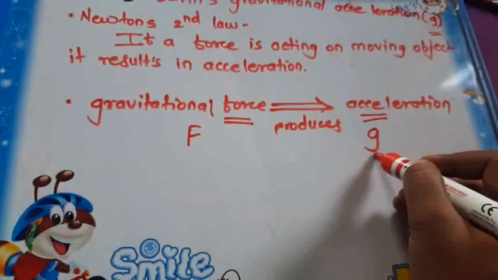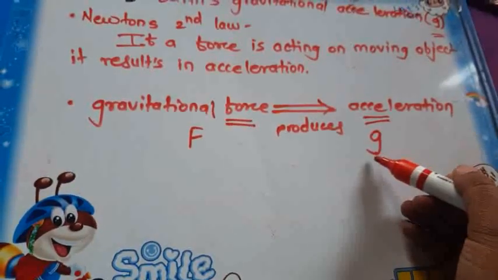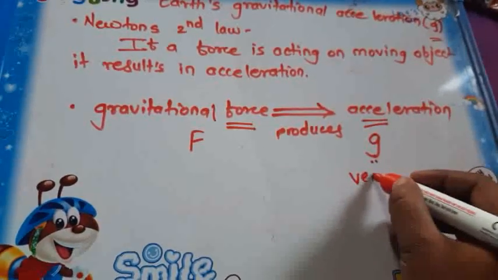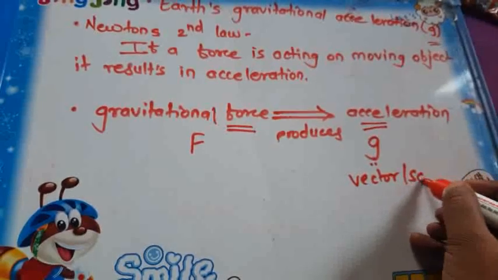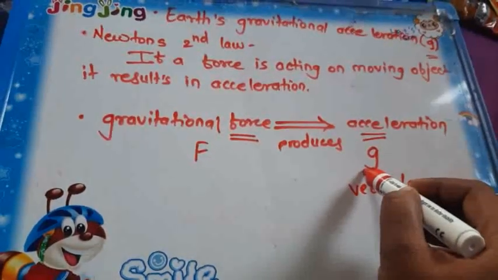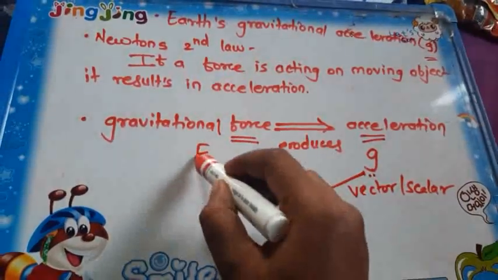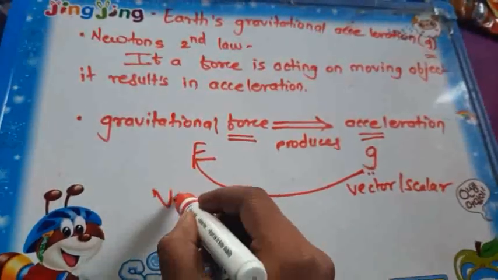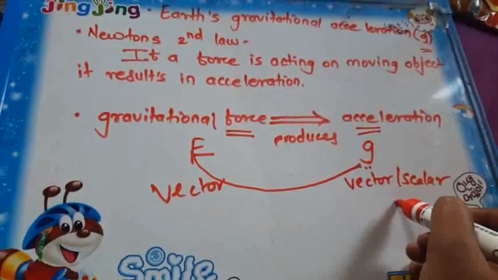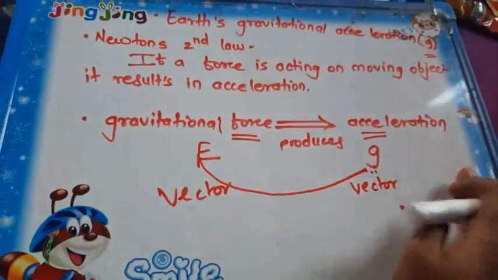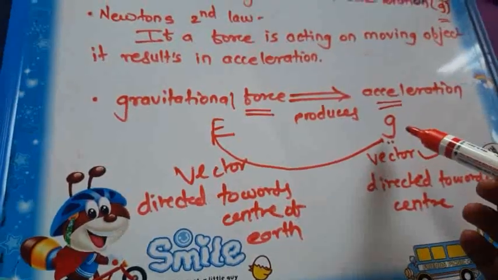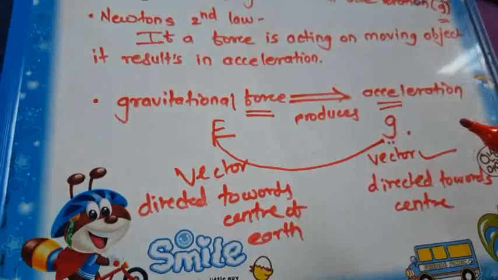Now the question is whether this acceleration due to gravity is vector or scalar. As this acceleration due to gravity depends upon force and force is a vector, acceleration due to gravity is also a vector. Next is the direction of small g.